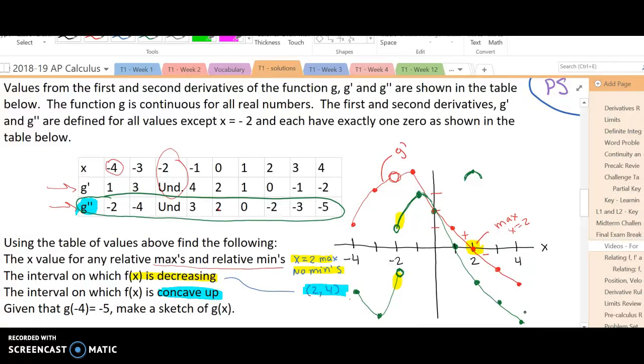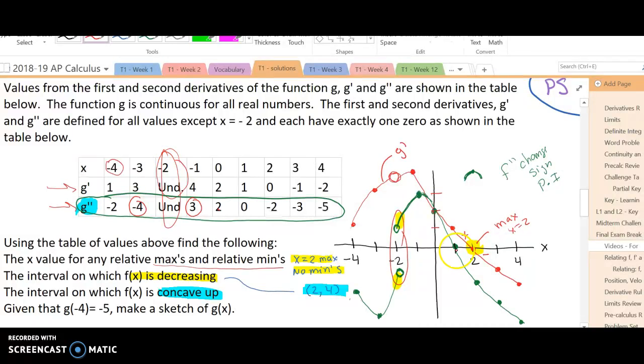And so I'm looking for the second derivative to change sign. That will be a point of inflection. So that's going to happen here because I go from a negative value on this side to a positive value on the other side of -2.